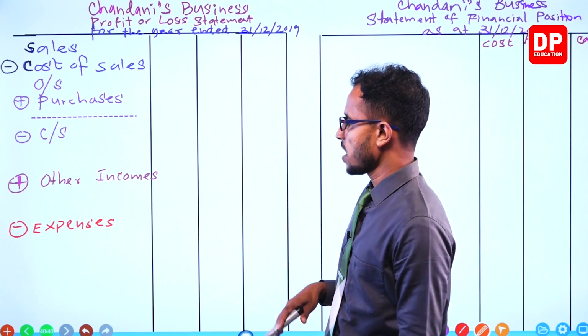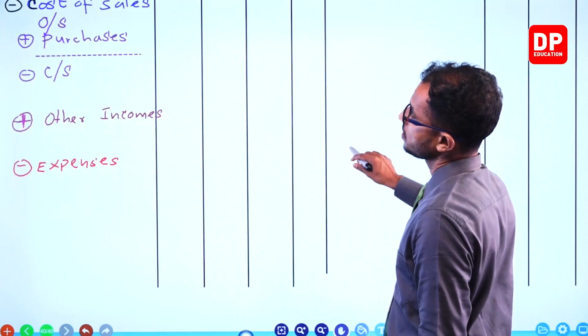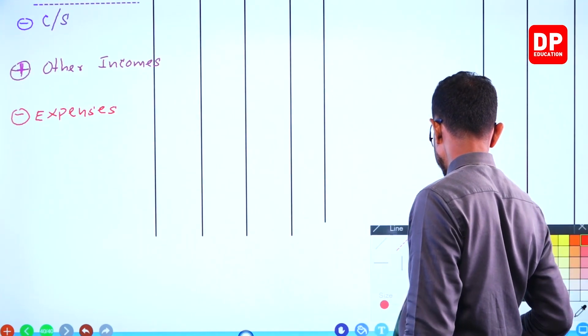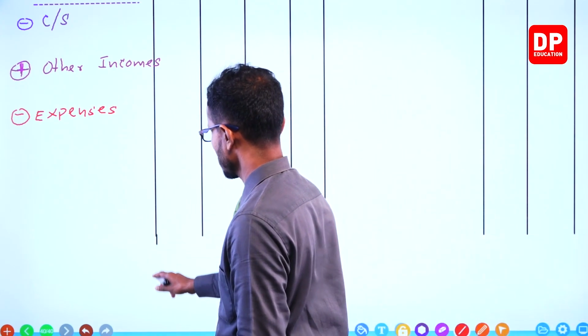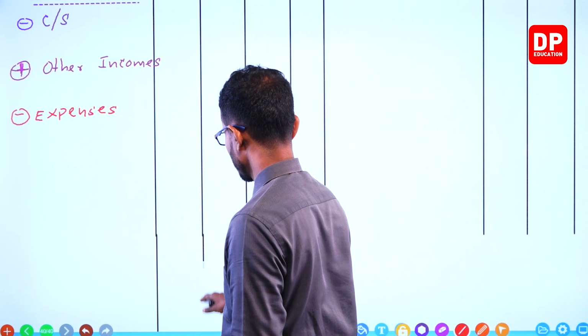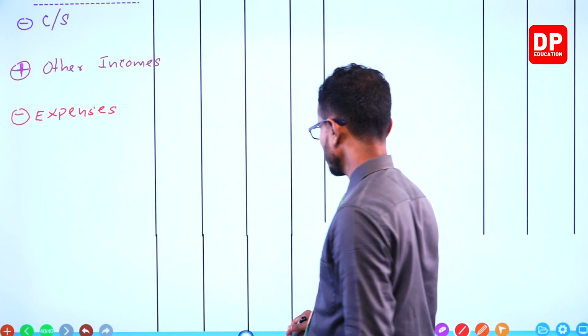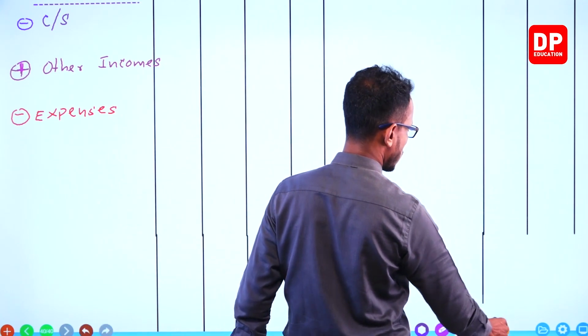Minus expenses. First, I'm going to extend the lines because we need more space down.